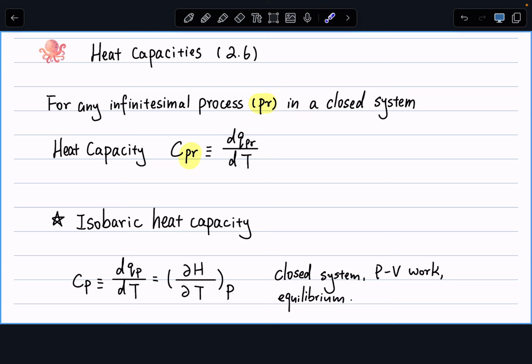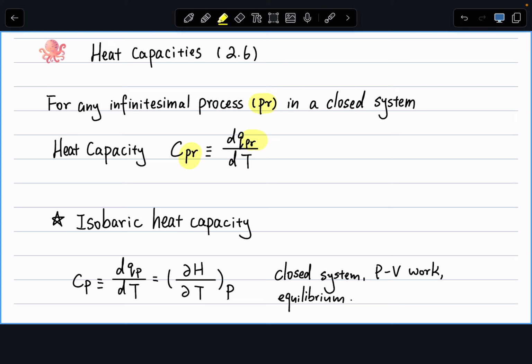The heat capacity of that process PR is defined as the infinitesimal change of the heat flow, dq_PR over dT. So heat capacity is basically the derivative of your heat transfer over dT. That's the definition of our heat capacity.